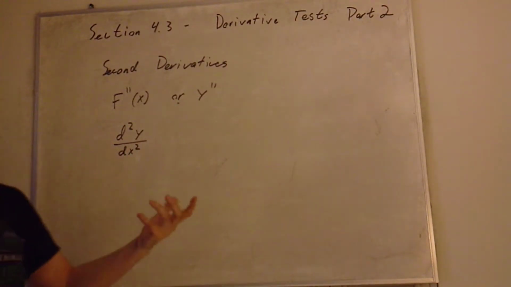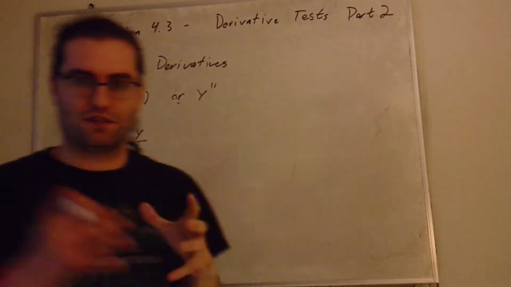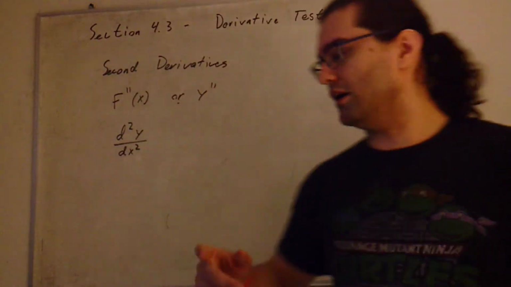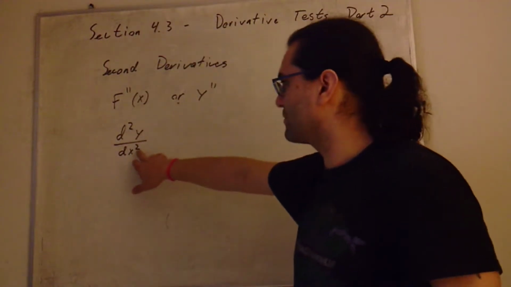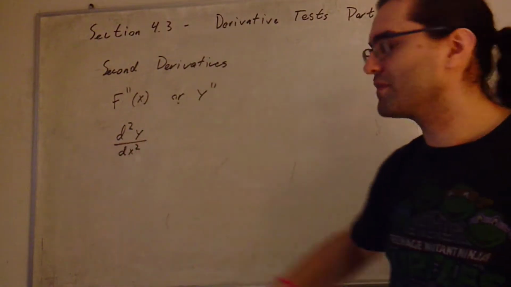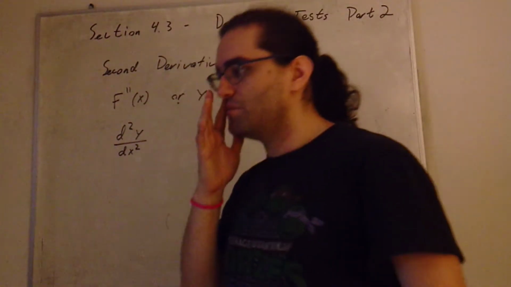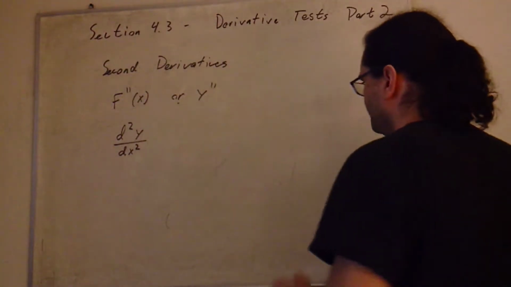So for now, we're only doing derivatives of y with respect to x because we're still in single variable calculus. But the reason that we're squaring this dx on the bottom is because it's with respect to x twice. So this is what second derivatives look like. But we need to talk about what they mean.